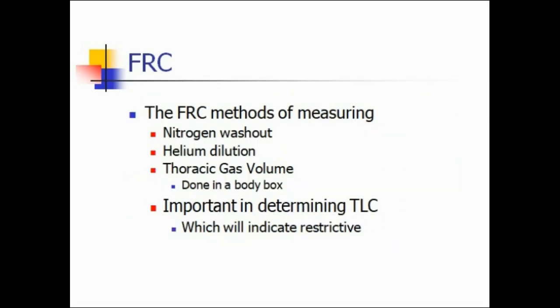In pulmonary function testing, there are several methods that can be used to measure the FRC. Nitrogen washout is one, helium dilution is the other. Both of these are no longer very frequently done because we have the body box, which will give us the thoracic gas volume, and it's a whole lot quicker and easier to do than the previous two methods.